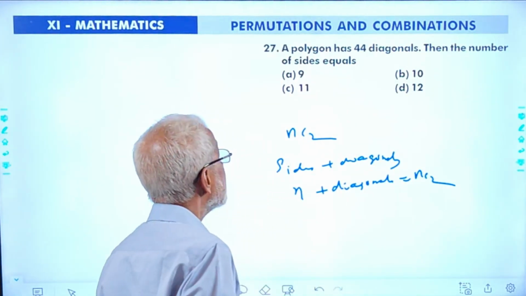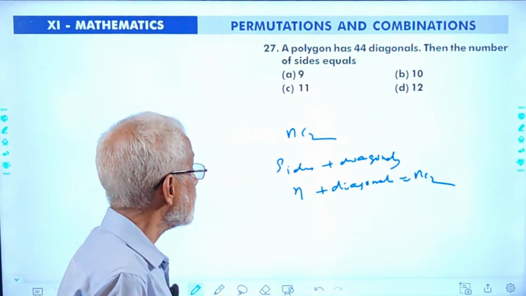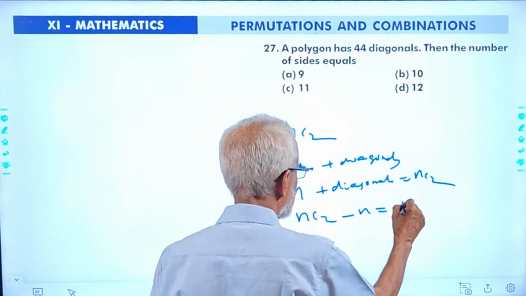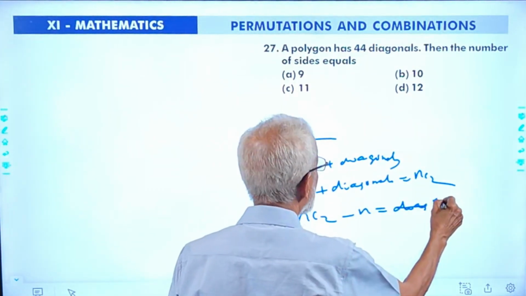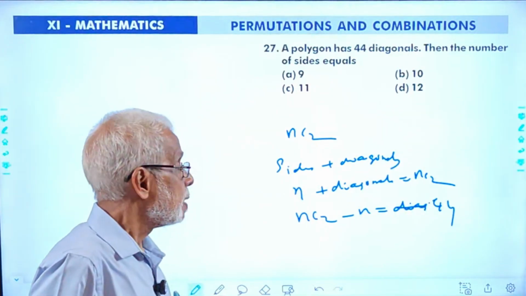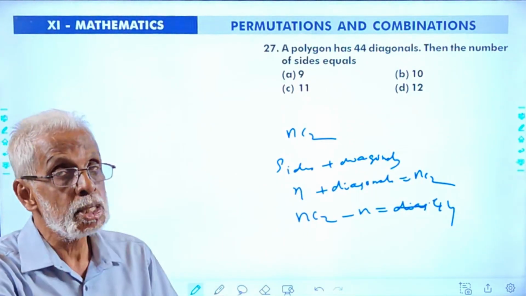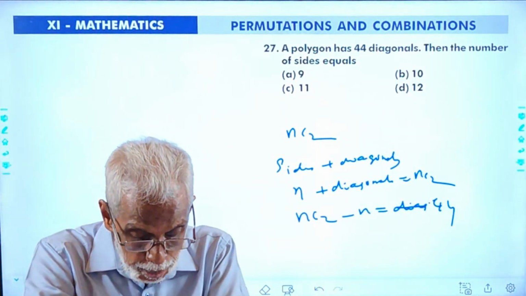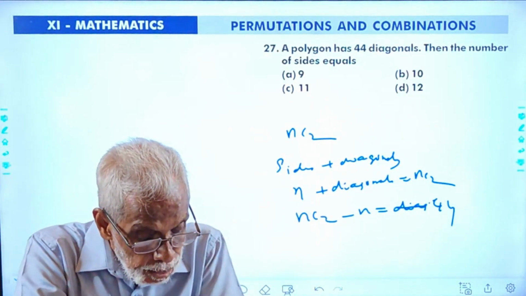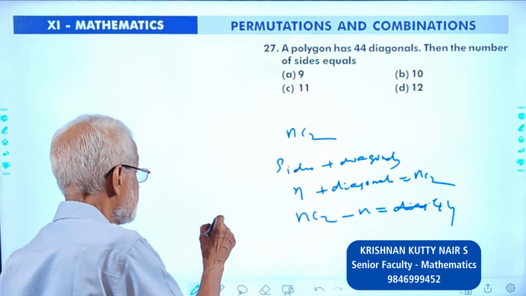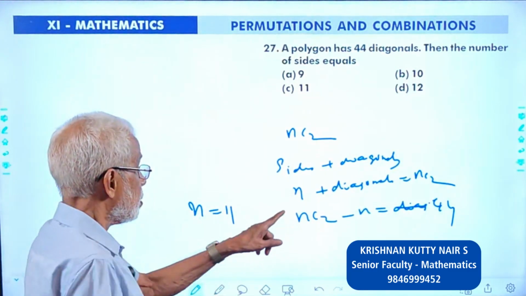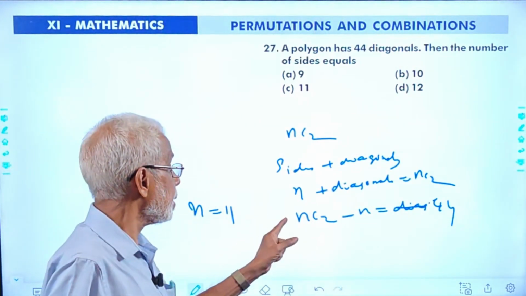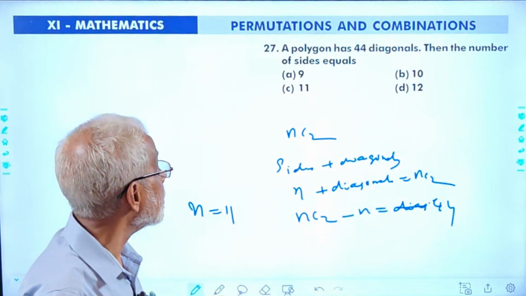Therefore, diagonals equals nC2 minus n, which is equal to 44. nC2 is n into n minus 1 by 1 into 2, minus n is equal to 44. Simplifying, we get n is equal to 11. The correct choice is C.